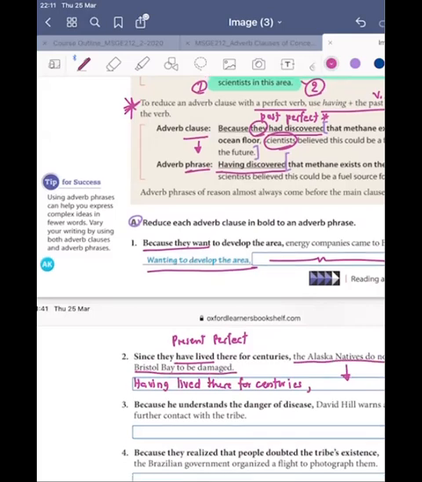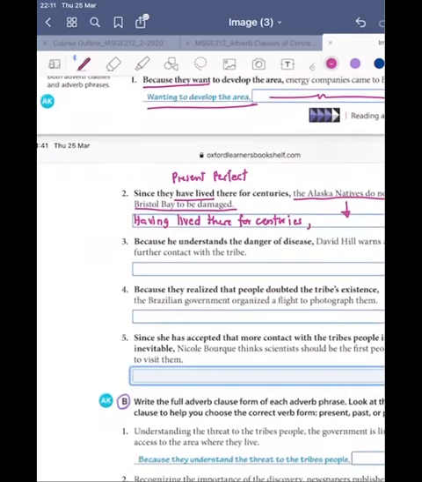Okay. Next, because he understands the danger of disease, David Hill warns against further contact with the tribe. He, David Hill, same guy, okay? And understands, you have present simple here. Of course, then in that case, no need to worry about having this, having that.